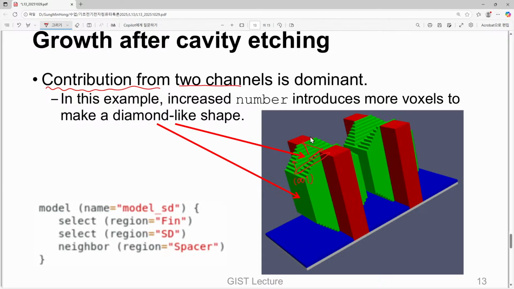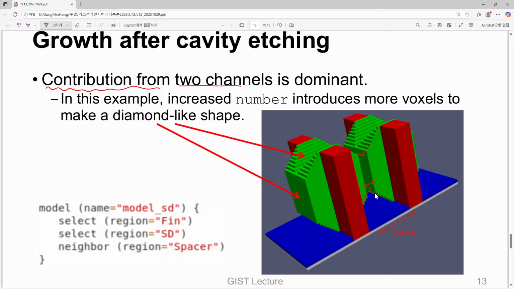The reason why I'm showing this intermediate one is that in our current implementation we have just 20 nanometer, and we are quite close to each other. If we allow further voxels into this epitaxial layer, then eventually they will just be merged. So I just stop here.